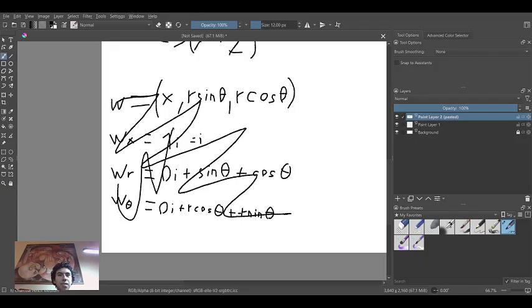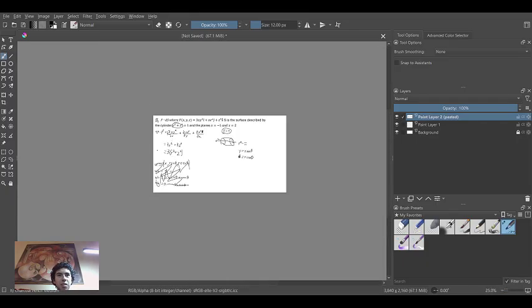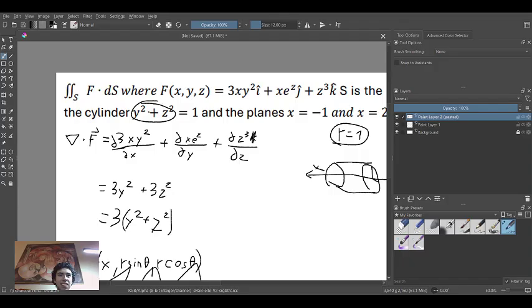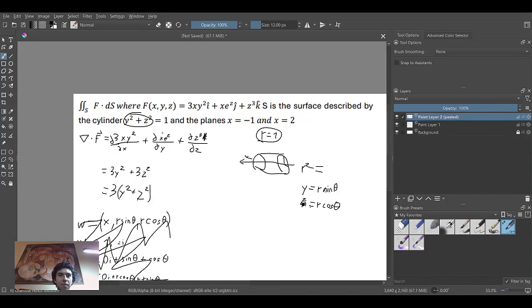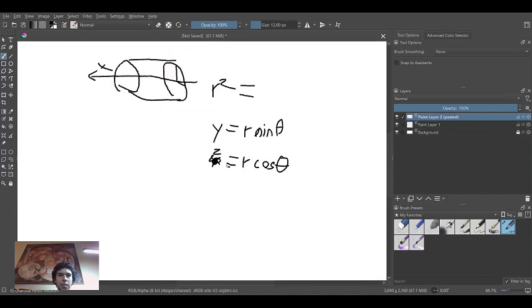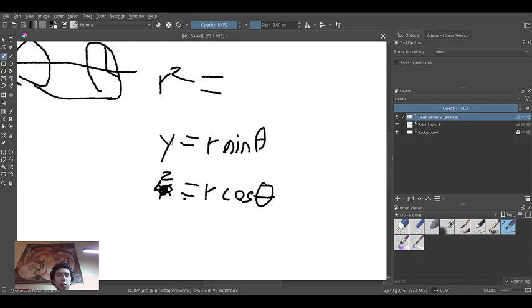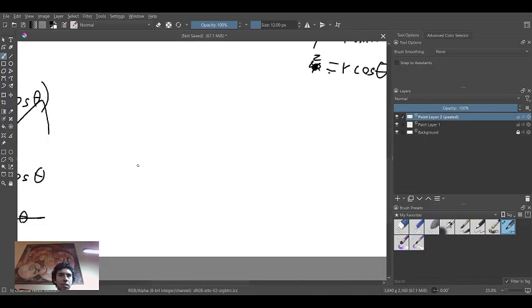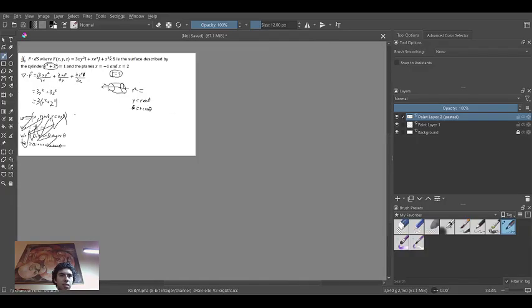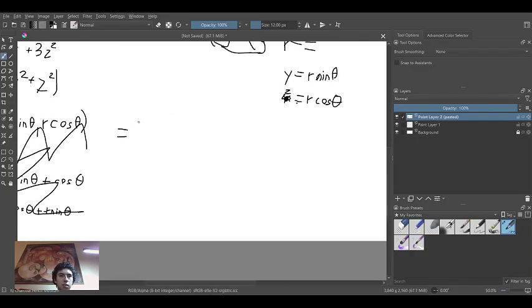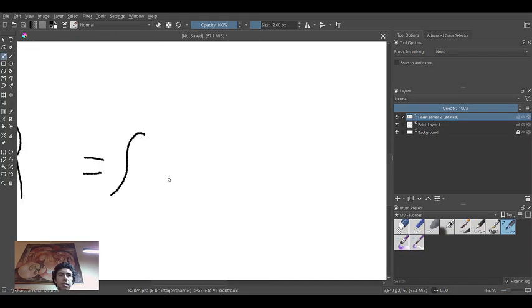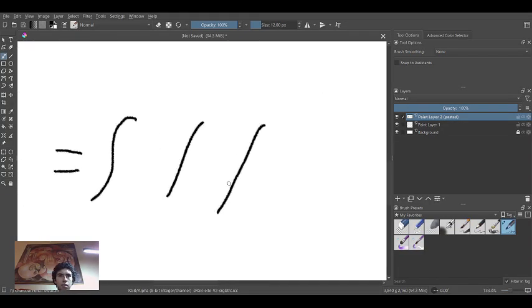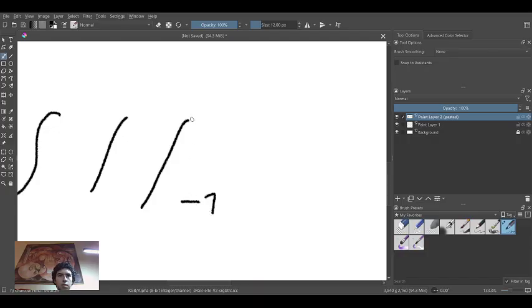I'm dumb. This is for normal surface integrals. This is a volume integral. So now we only have to find the limits of this. Because we replaced y with r sine theta and z with r cosine of theta, our limits for x are from -1 to 2.